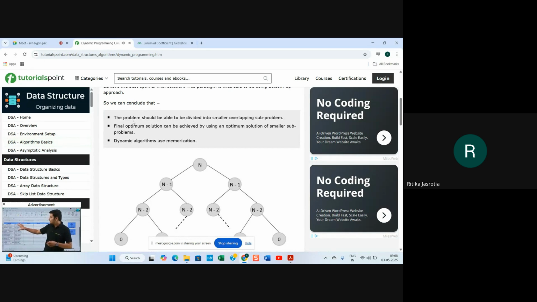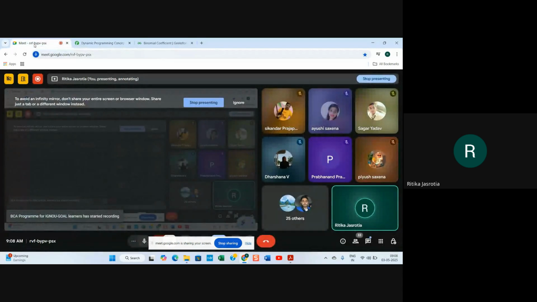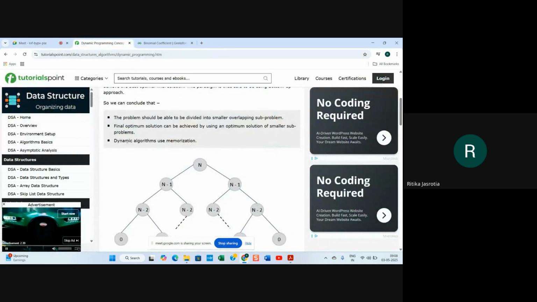So we conclude that the problem should be able to be divided into smaller overlapping subproblems. The final optimal solution can be achieved by using an optimal solution to smaller subproblems. Dynamic algorithms use memoization, right?